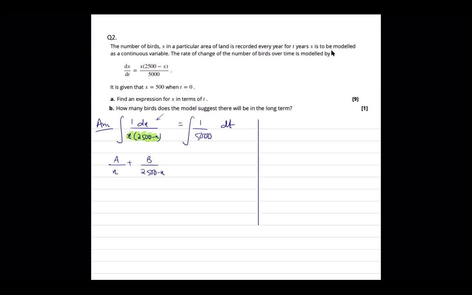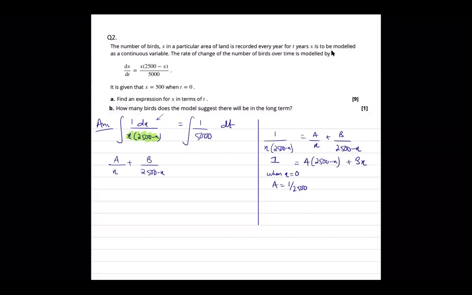I'm going to do the working on the right hand side. So when x is 0, a comes out to be 1 upon 2500.